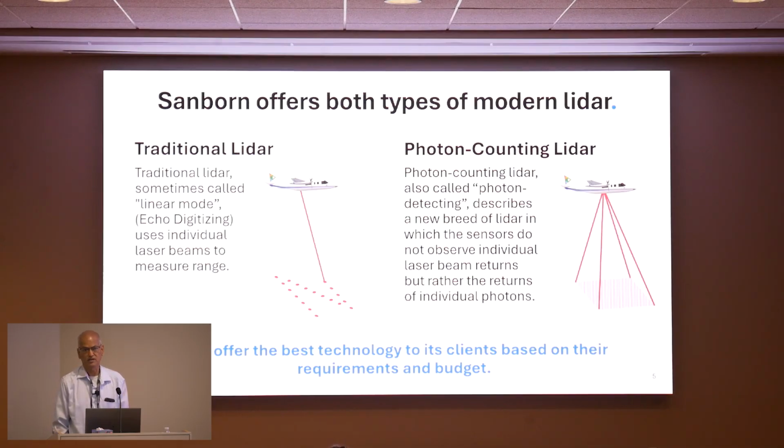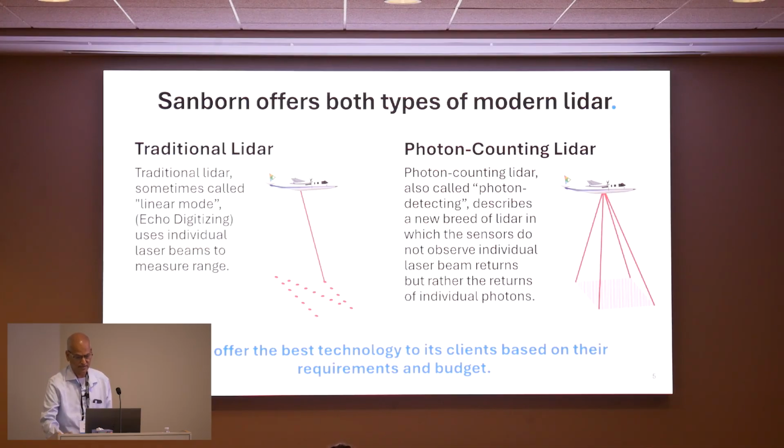In the photon counting LIDAR, we don't measure the individual laser beam, but rather the returns of the individual photons. That is the fundamental difference between linear mode and photon counting LIDAR.